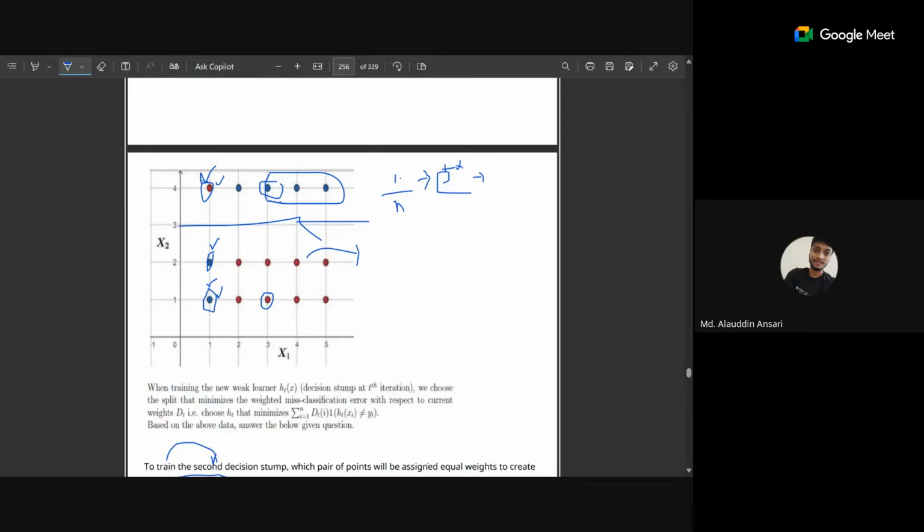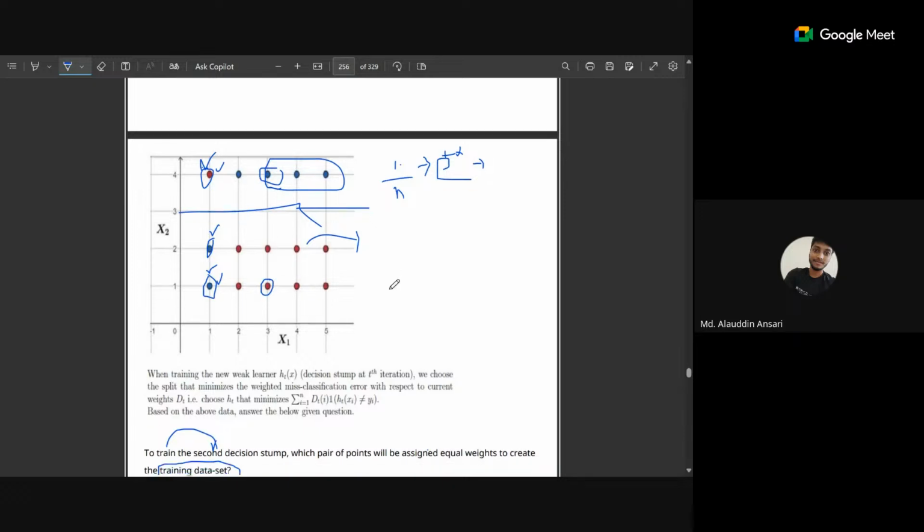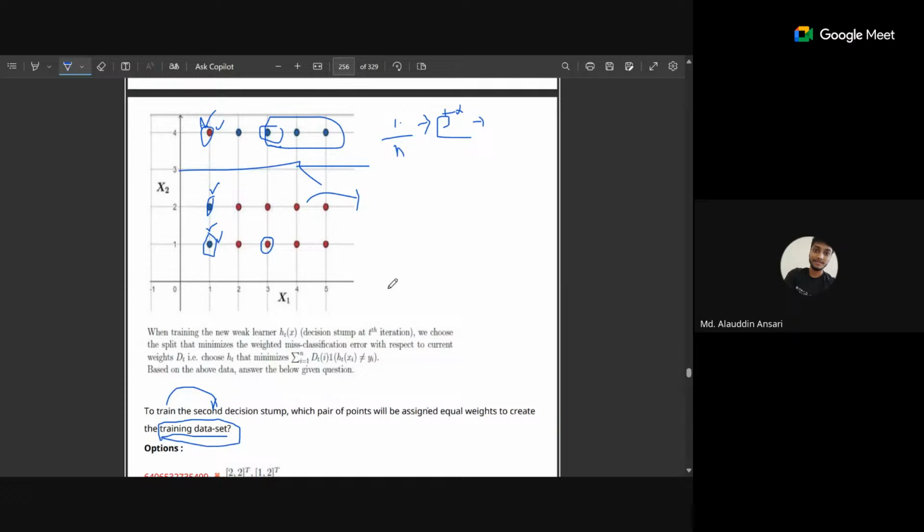Ultimately, at last, we will see which one is going to contribute to the final result. Based on that weight, we will boost the points and come to a boundary. So we can perform the calculations after that. If we have the first boundary and the weights, we will boost each point, calculate, and have the second boundary.